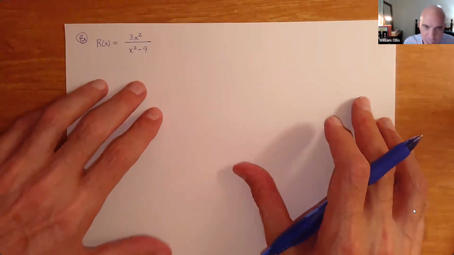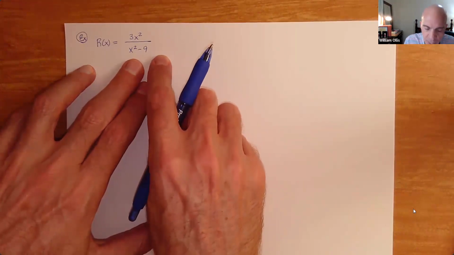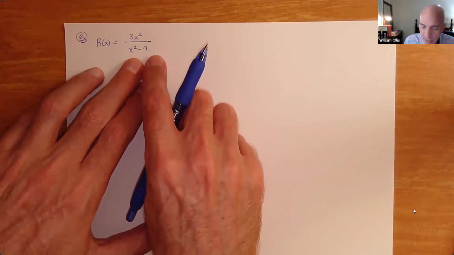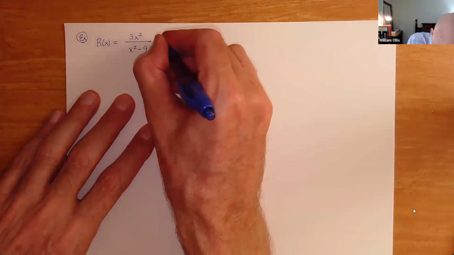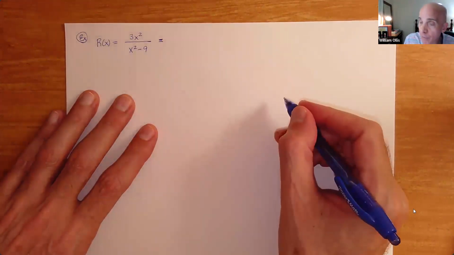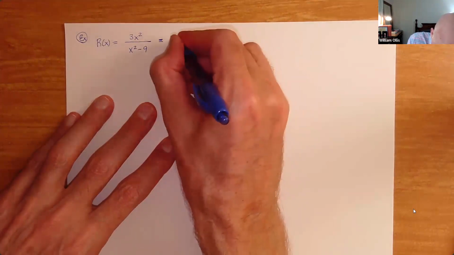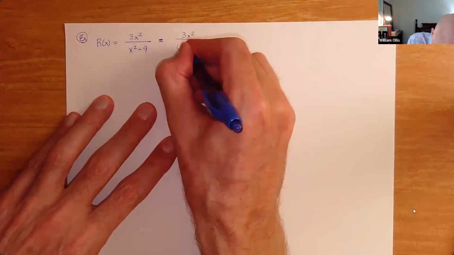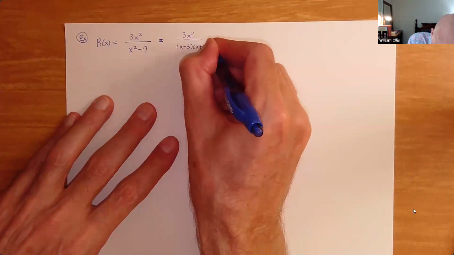Now, the first thing we want to do is just look at this particular function. Notice, I always like to go back to things we've already done. If we look at the domain, and many times when you compute the domain, you uncover vertical asymptotes. So we get 3x squared. We'll just go ahead and factor this, x minus 3, x plus 3.